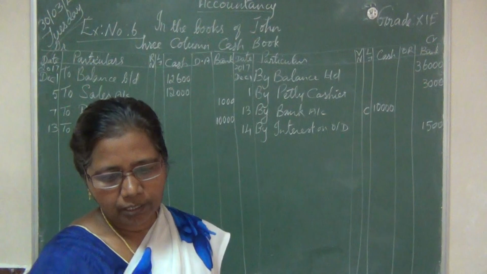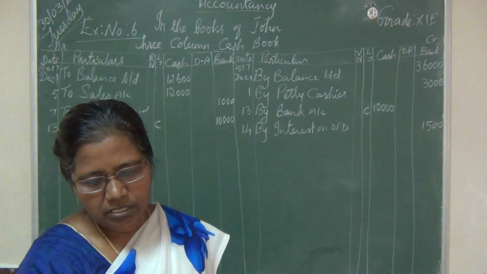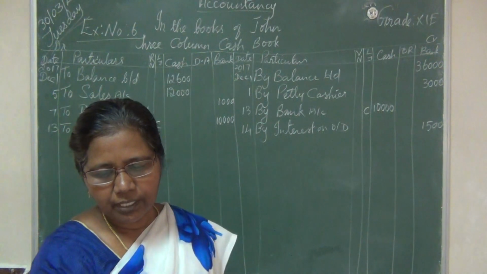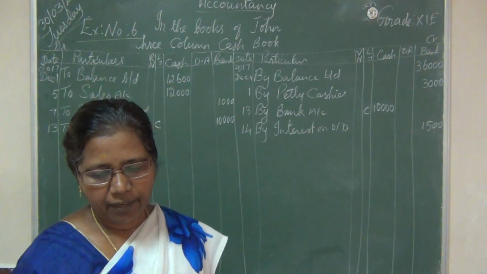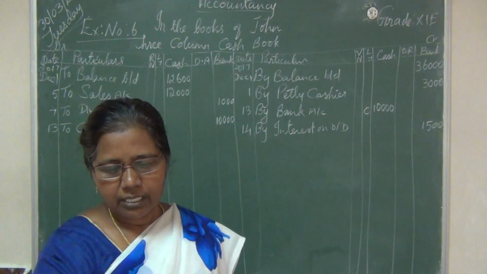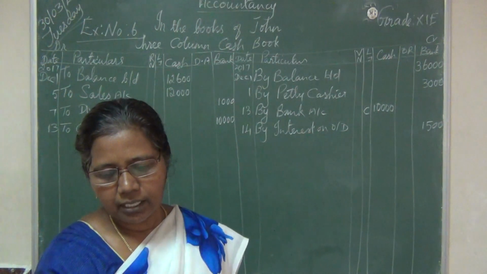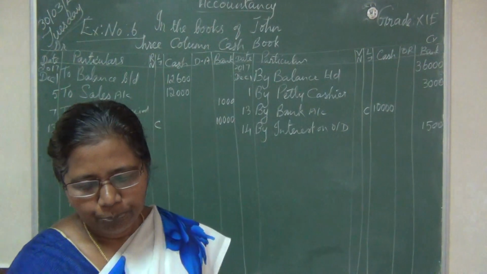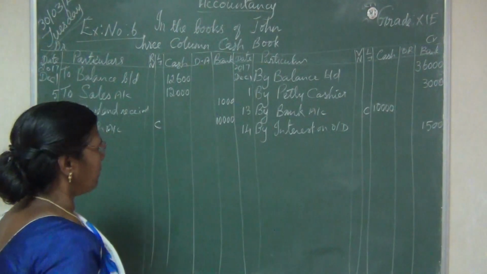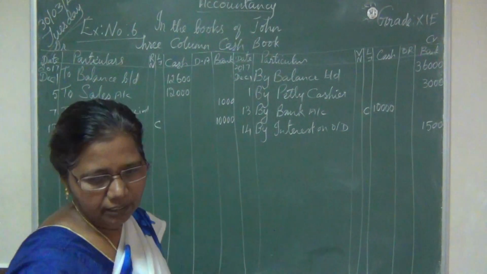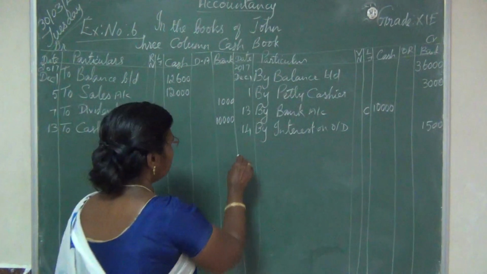Okay, the next one. Check issued to Siddiq, discount received from him. So we issue a check for our supplier. Check issued to Siddiq and discount received from him 200. We are issuing a check for 8000. It is also a payment, isn't it? So first enter the date 18.